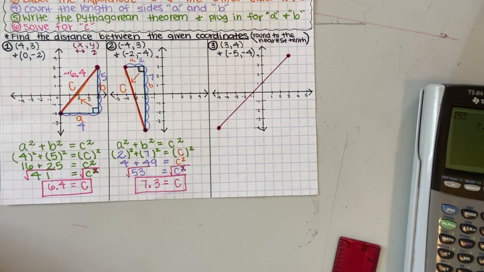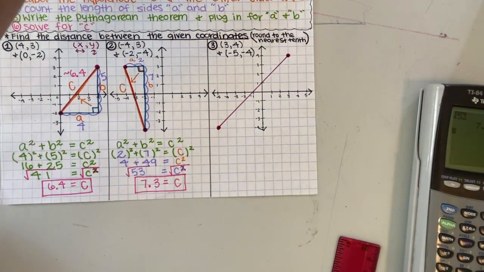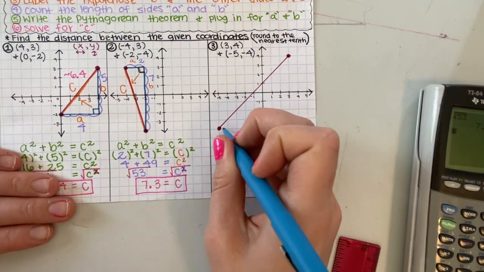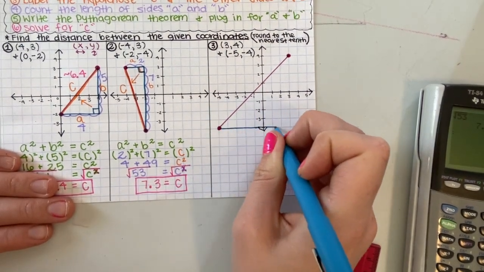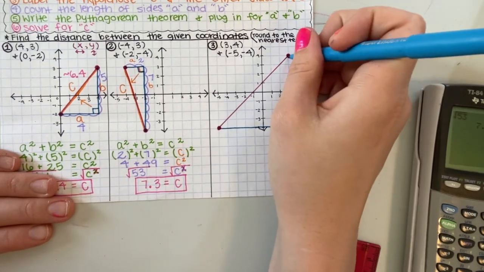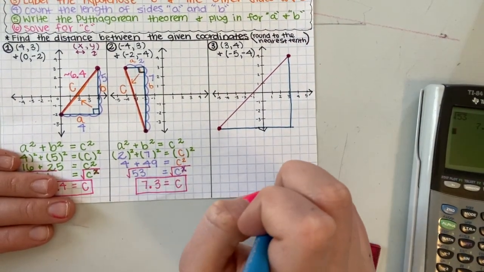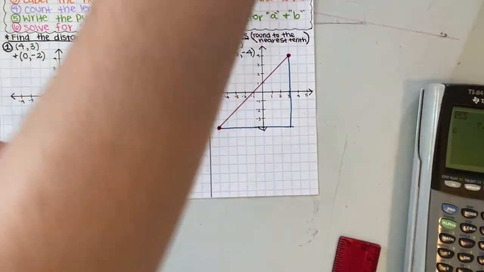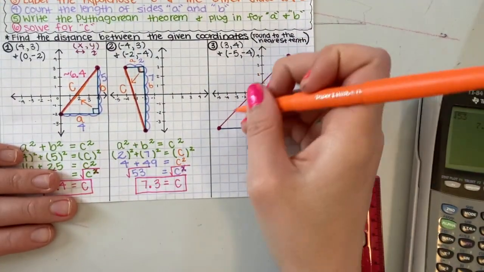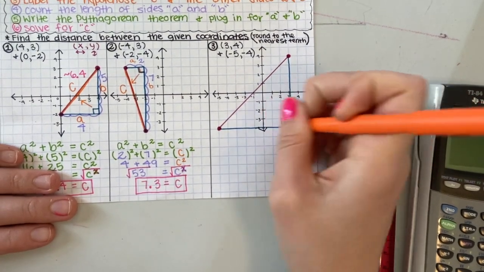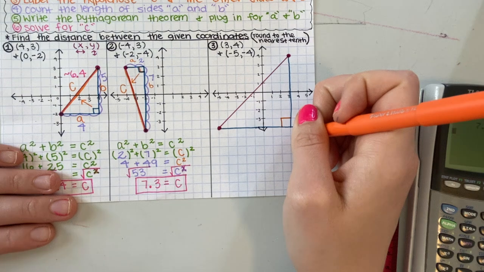My next step is to stay on the grid lines and draw a horizontal and vertical line. I have my horizontal line. I have my vertical line. Oops, I went a little too far. Then I need to label the hypotenuse C. So I have my right angle that formed when I had my horizontal and my vertical line.